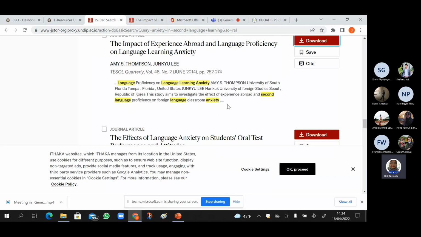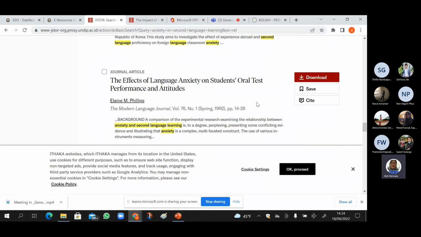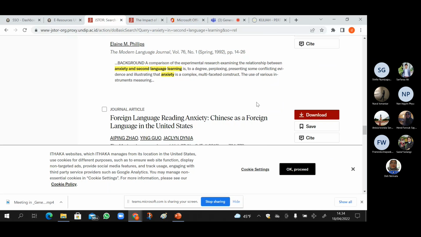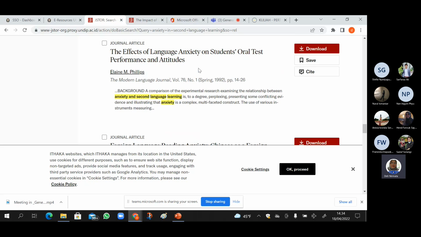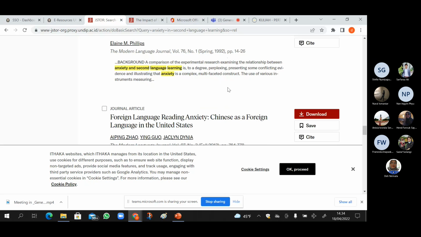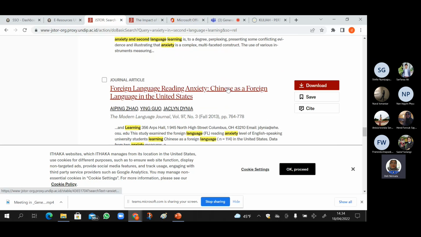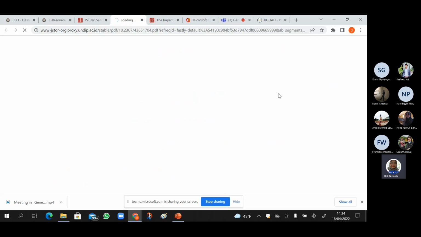You can find another to see. Maybe yours is similar to this, but it is old enough. This one, foreign language, is reading, not speaking. Chinese as a foreign language in the United States, foreign language reading anxiety. Maybe it can help you.